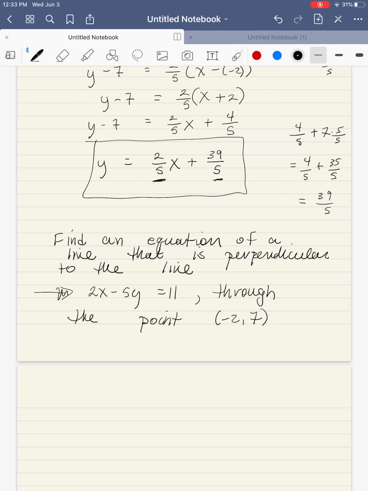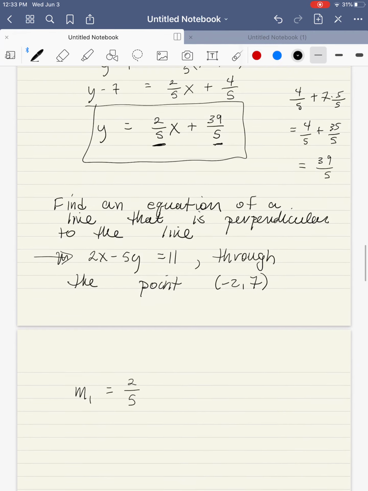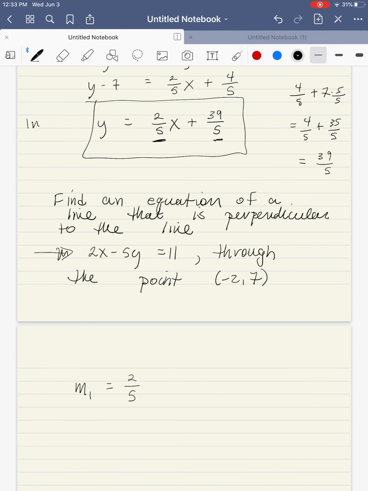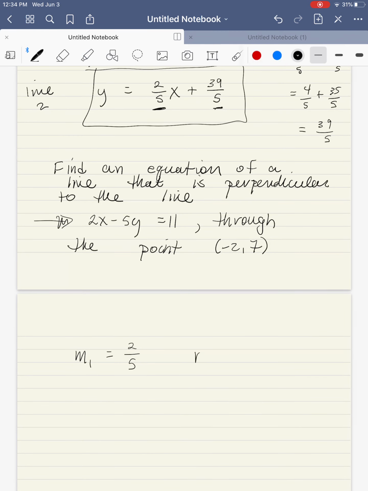Well, we've already found the slope of this line. We already found that m1 was 2/5, and we did that by getting it into slope-intercept form. And then we saw that the line we were trying to find, line 2 here, had that equation. We're finding yet a third line.